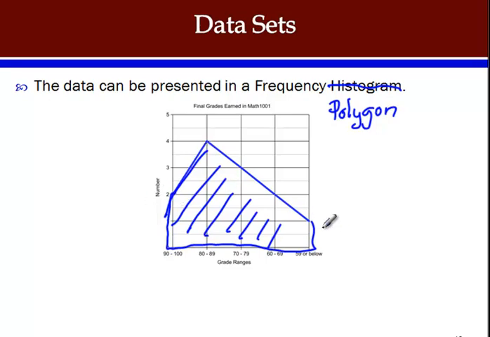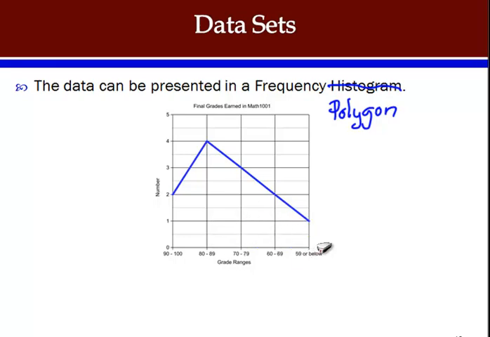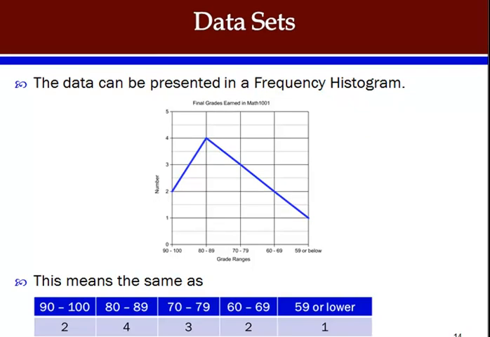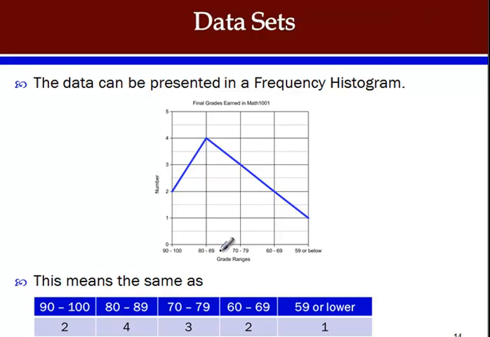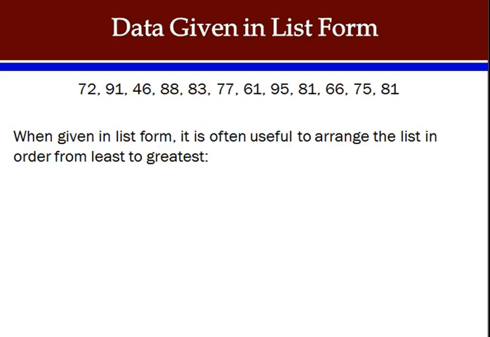And we really are only interested in those same heights that we looked at before, and you can see that in the 90 to 100 range there are 2, 80 to 89 there are 4, etc. So this also represents the same data set, and that is the final grades in a class. So I could look at this and say, okay, the final grades from 80 to 89, there were 4 of those. So same data set, different representation, and you're going to see these presented in different formats at different times.